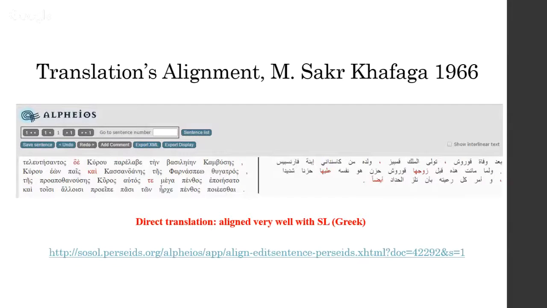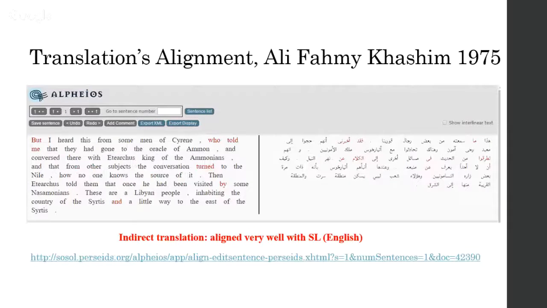Just three red words, which are not aligned with the Greek words. And again, here is a translation from Greek, which aligned very well also with the Arabic. I put the English on the left-hand side and the Arabic on the right-hand side. I began to align them, and it is a very good indirect translation.